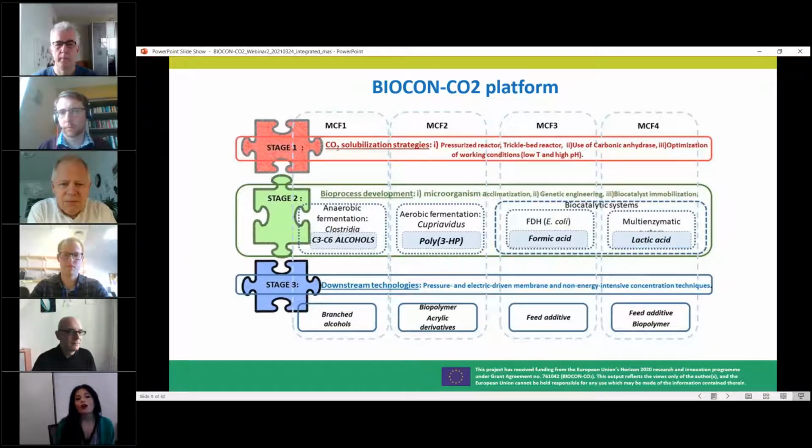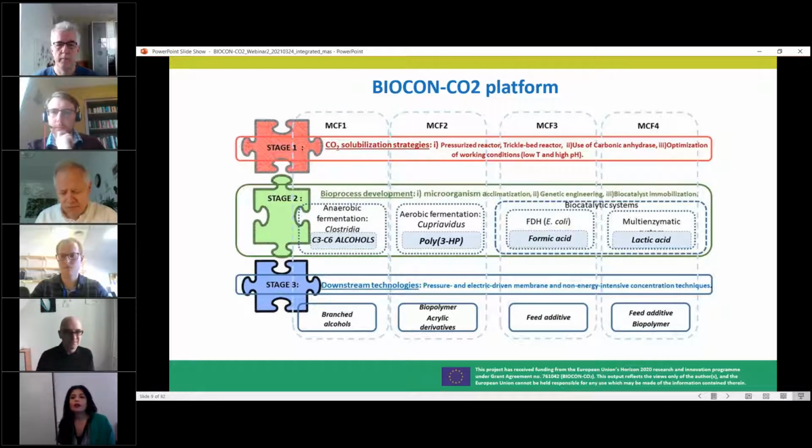The development of several bioprocesses and the improvement of those bioprocesses via genetic engineering, metabolic engineering, enzyme engineering, and last but not least, downstream technologies to maximize not only the product formation, but also their recoveries.